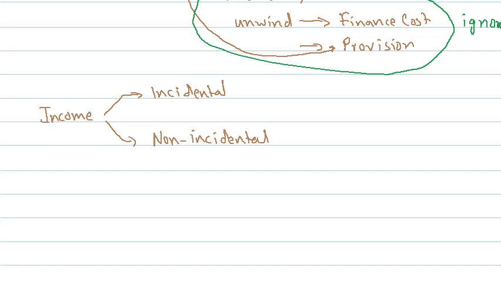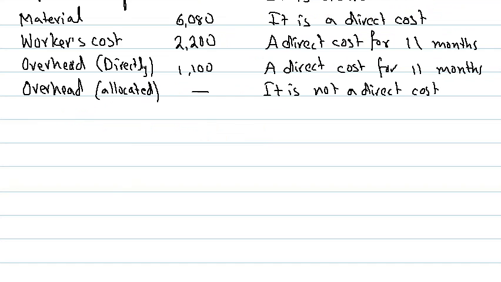The standard has quite a long explanation for it, which says proceeds from selling any items produced when bringing the asset to its location and condition. This income for car parking is not the non-incidental, it is the incidental. So therefore it cannot be deducted from the cost of this asset.